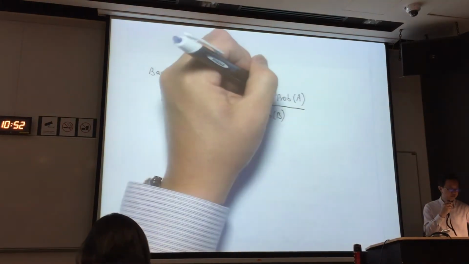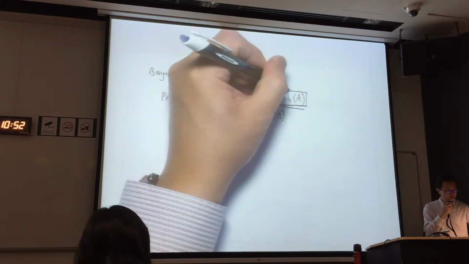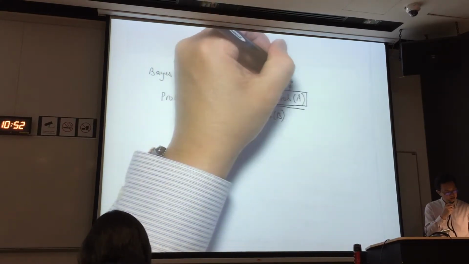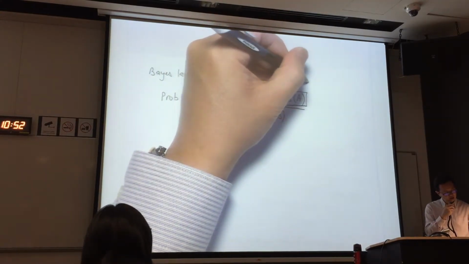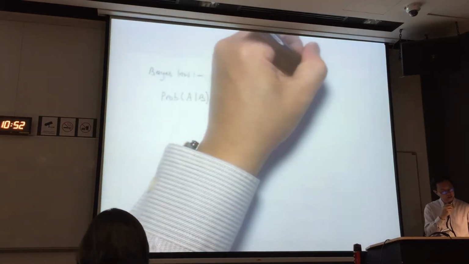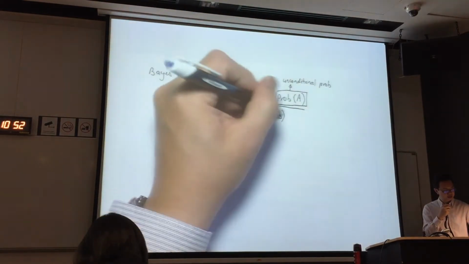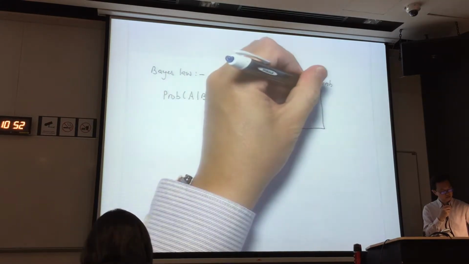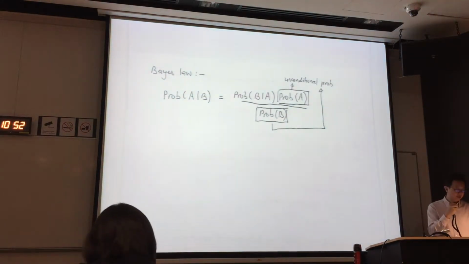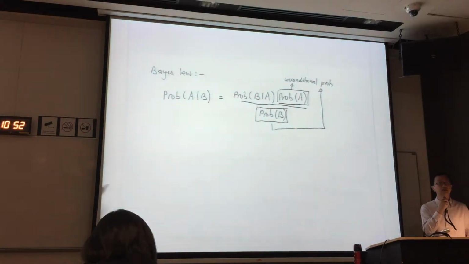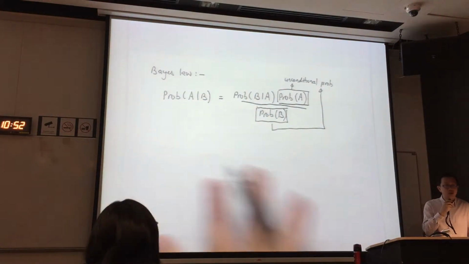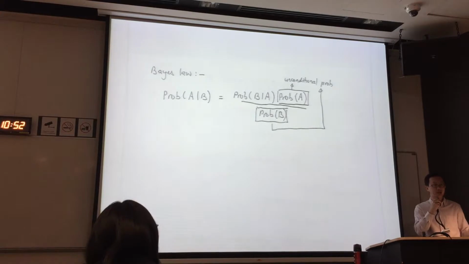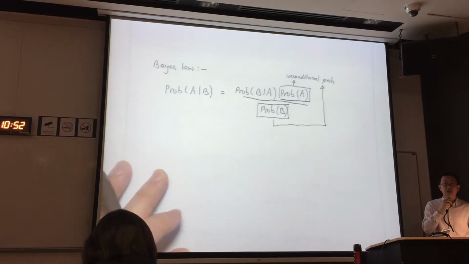This is an unconditional probability. Likewise, this is also unconditional, whereas this is the conditional probability. So this is a general rule. Now we apply it to our situation.